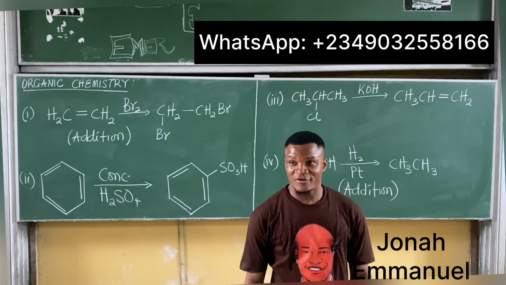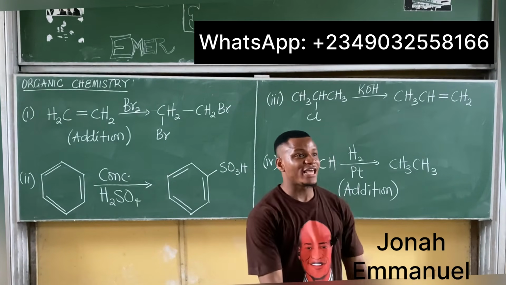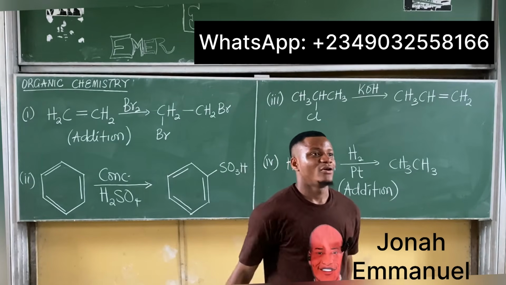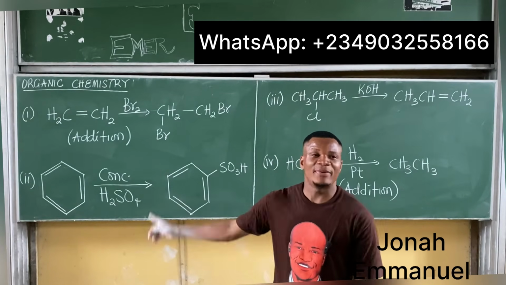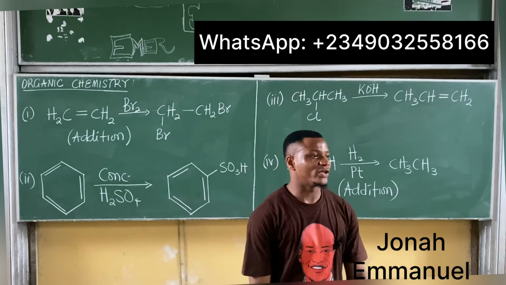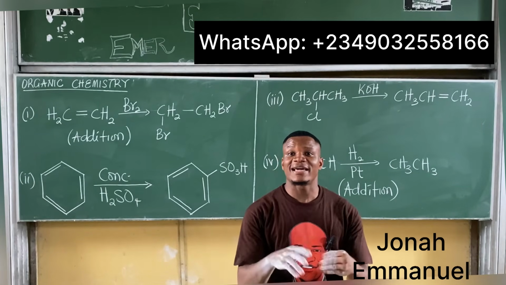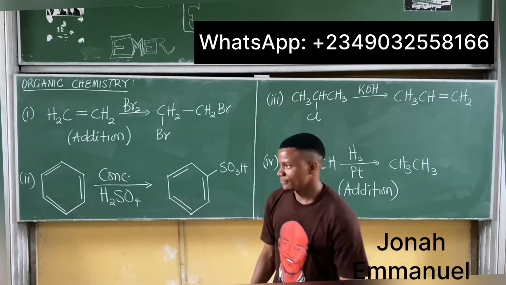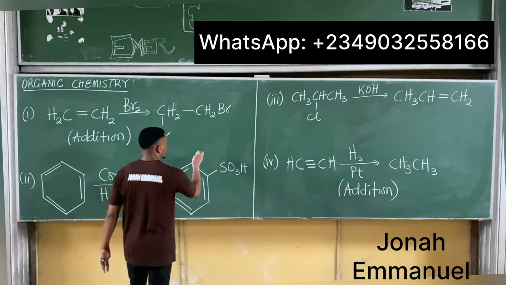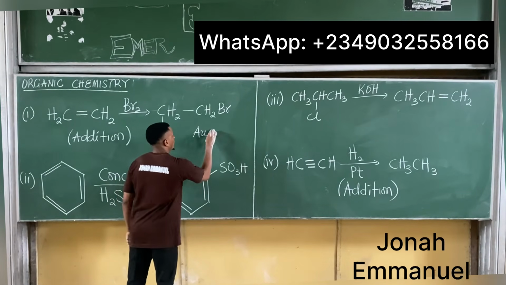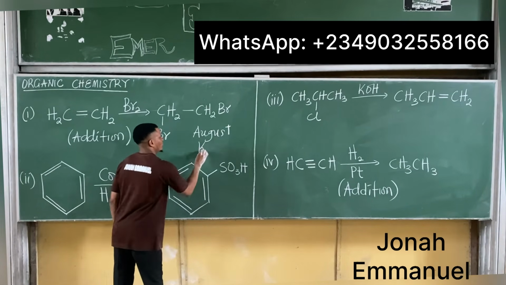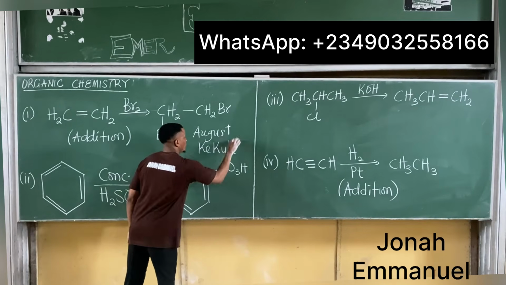We did this in the previous class. This is called Kekule structure. We said benzene was discovered by a man called August Kekule. That's another exam question, no? August Kekule. That's the name.